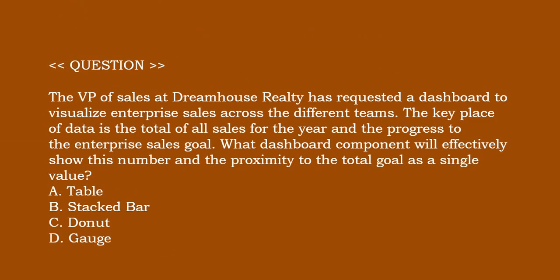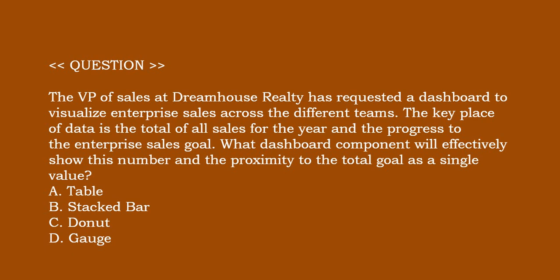Our next question is, the VP of sales at Dreamhouse Realty has requested a dashboard to visualize enterprise sales across the different teams. The key piece of data is the total of all the sales for the year and the progress of the enterprise sales goal. What dashboard component will effectively show this number and the proximity to the total goal as a single value?